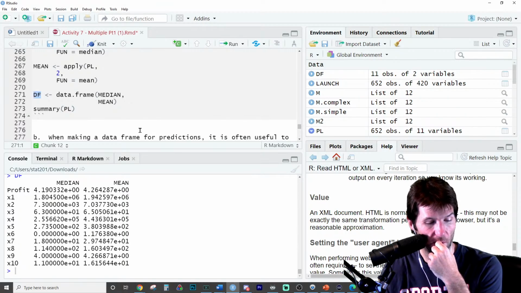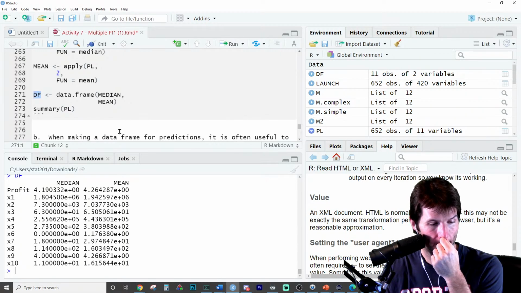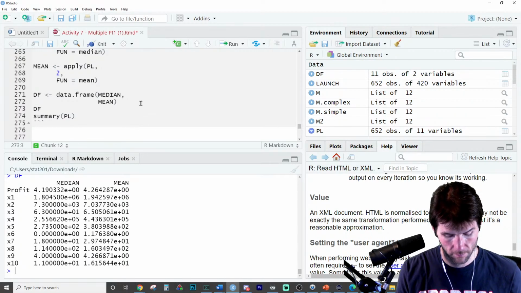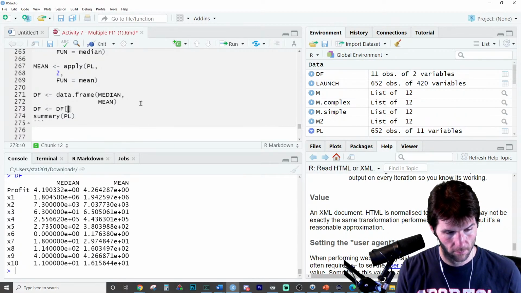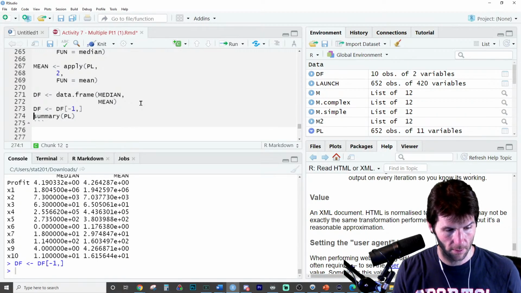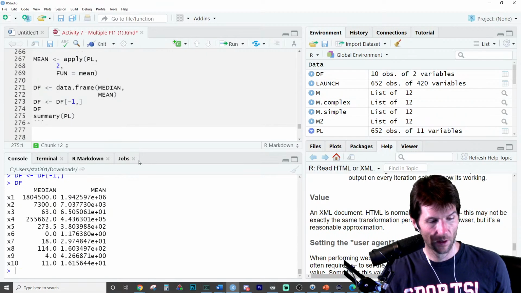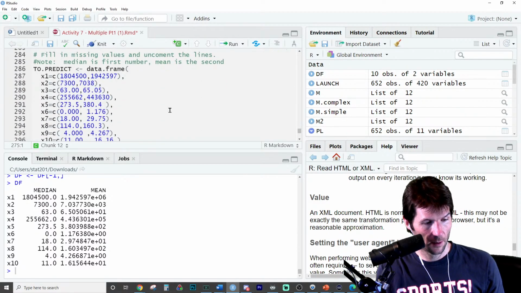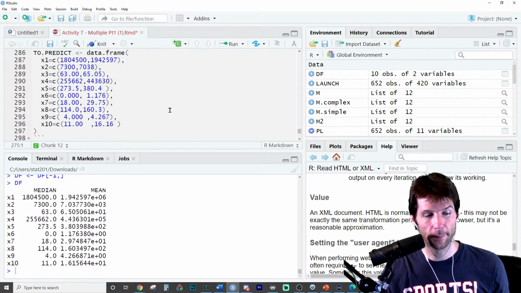Is that the median and the mean for each one? Yeah, and then row 1. Okay. There we go. There's the median, there's the mean. Yeah, it's got it. Okay.